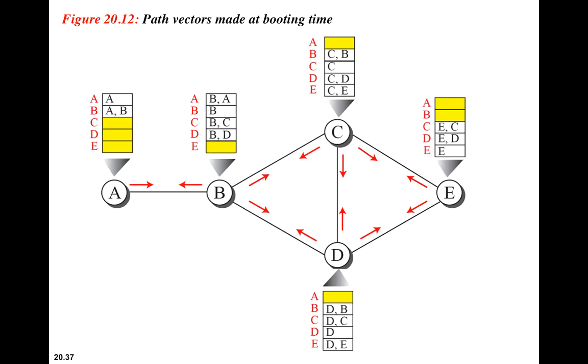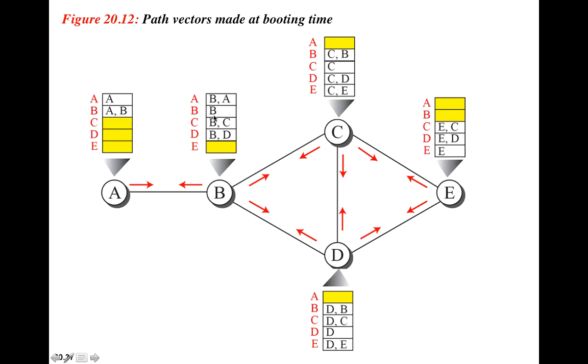They will come up when they have to come up, not at the same time. This is asynchronous. So when A comes on, it will look at the neighbor and it will make its path vector, which in turn will contribute towards the spanning tree.